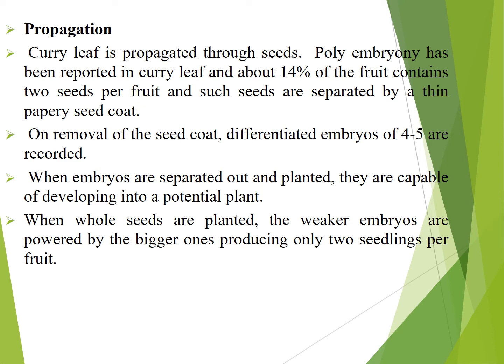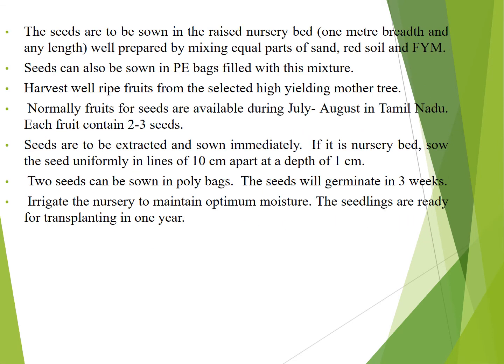When whole seeds are planted, the weaker embryos are overpowered by the bigger ones, producing only two seedlings per fruit. Then the seeds are to be sown in raised nursery beds of 1 meter breadth and any length, well prepared with equal quantities of sand and soil, mainly red soil, sand, and FYM.